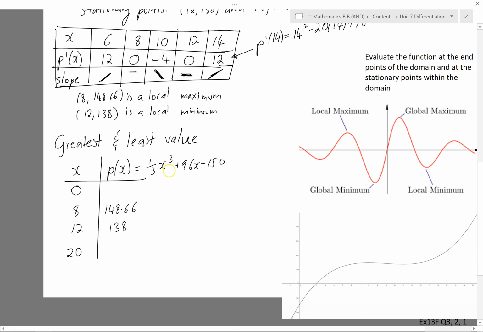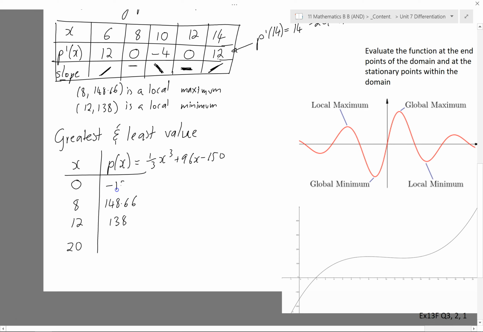If I substitute 0 in here, P of 0 will be negative 150. You might think, how can I get negative 150 if I'm selling things and making profits? Well, 150 could be marketing fees, and you've sold no computers, so you still have to pay those marketing fees. Okay, and in here I'll be looking at whatever P of 20 is.